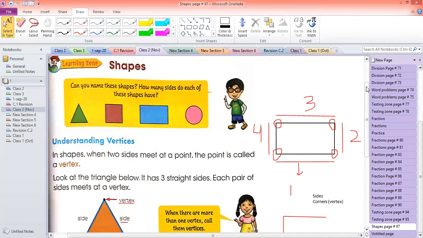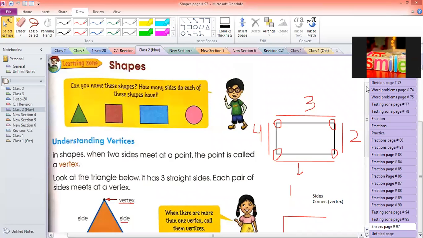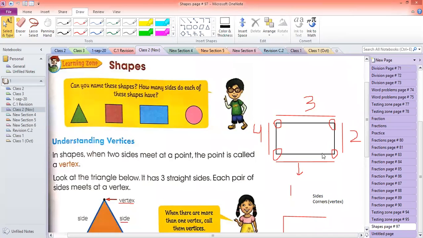So guys, the shapes which we will study will be two-dimensional, 2D. I explained to you about the vertices and the corners, what is a vertex or corner, and I also explained about the side.